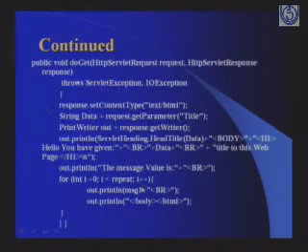Now if you see this repeat, if the repeat value is suppose 10, this loop will run for 10 times and MSG will be displayed 10 times. So now we have to go to our web XML file and set two variables named repeat and message.